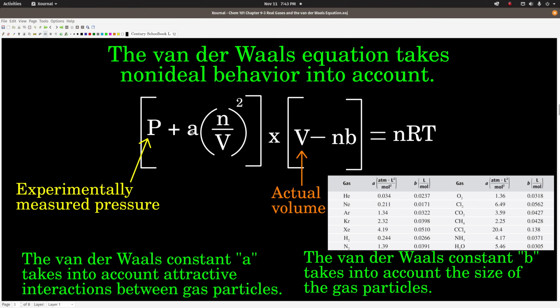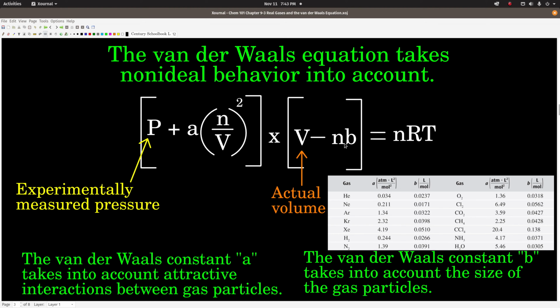That means these molecules slow down a little bit, or they're not hitting the wall as often, and so the pressure inside that container we expect to be a little bit lower. That's this P right here. So to make it fit the ideal gas law, we'd have to add a correction term, which is this here. This a is the van der Waals a constant, and just like the ideal gas law, n is the moles, V is the volume, and this whole term is squared. I'll talk about the constants in a minute.